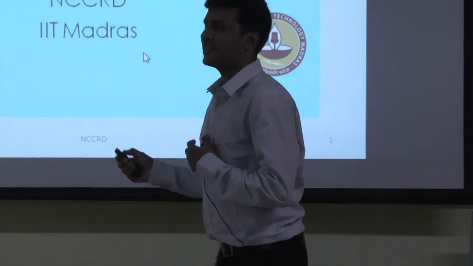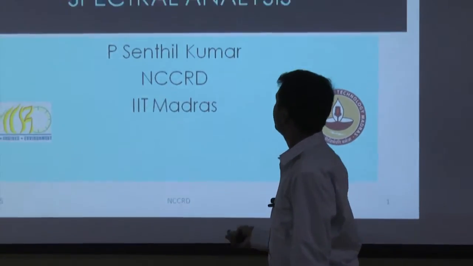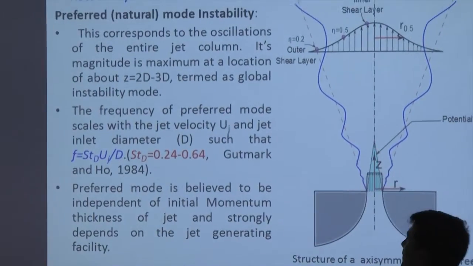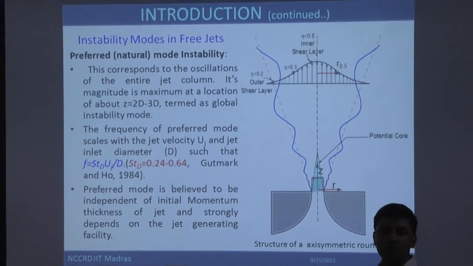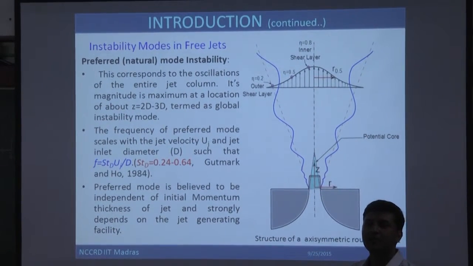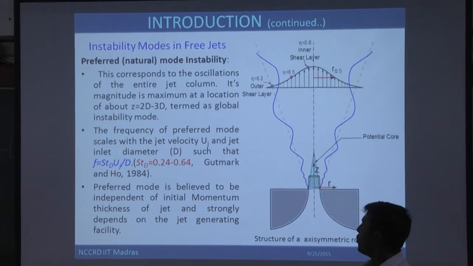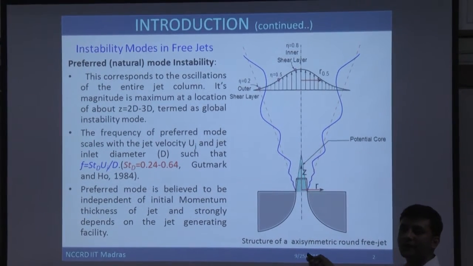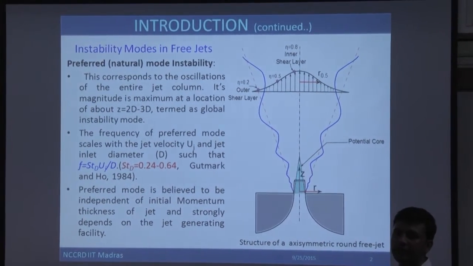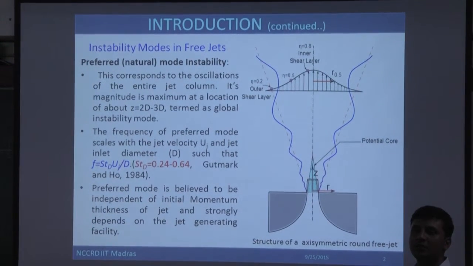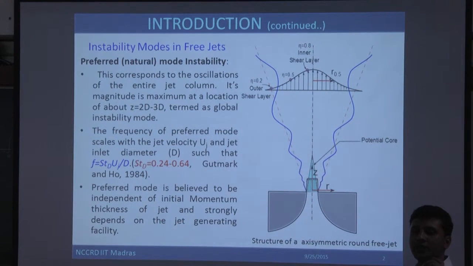I'm not going through all the slides. So this is a jet. Jet actually has two instability modes. The instability in a jet is caused by two modes. One is called the preferred mode or the natural mode instability. This natural mode instability is similar to, for instance, if you have a cylinder and you have a flow, when the Reynolds number comes to something like 40, there is a vortex shedding happening.